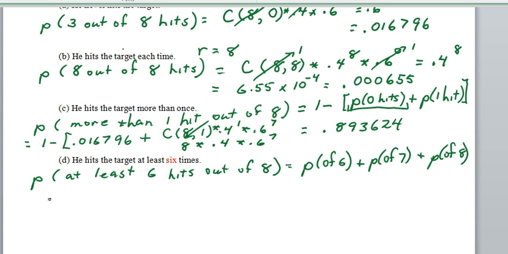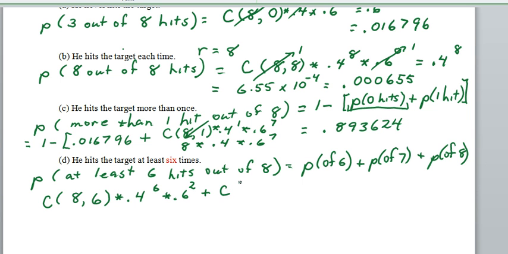So it would be C(8,6), since our r this time is 6, times 0.4 to the 6 times 0.6 to the 8 minus 6, which is 2.